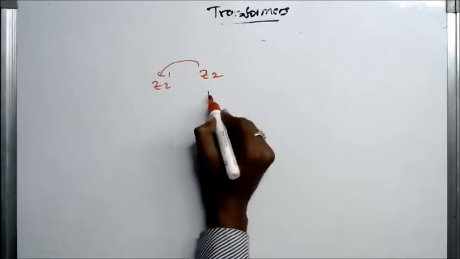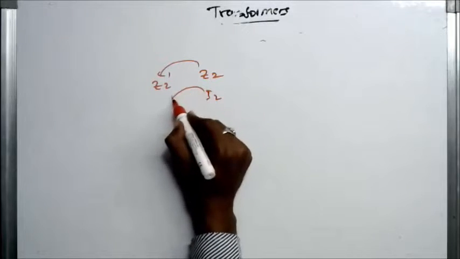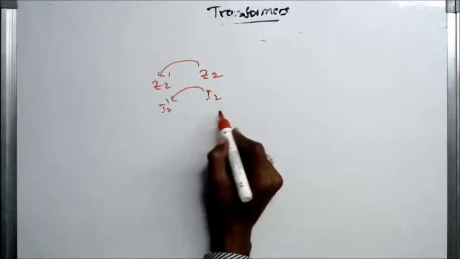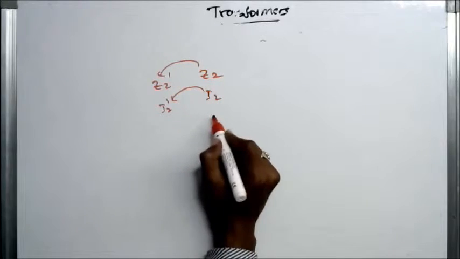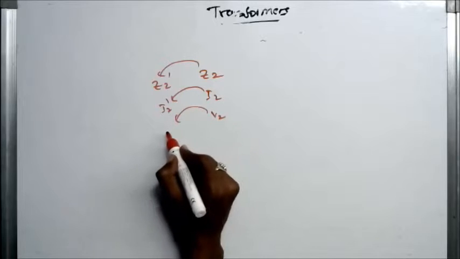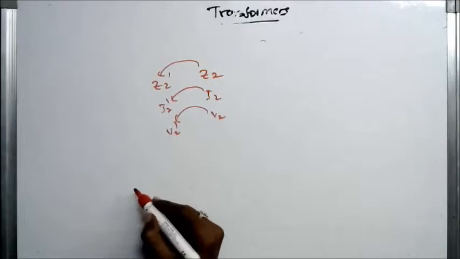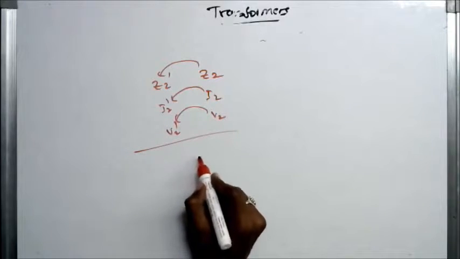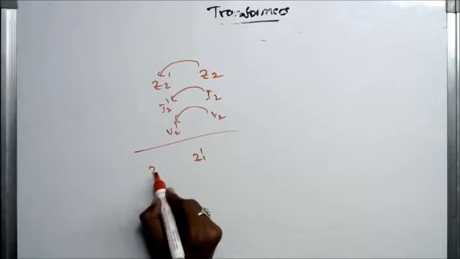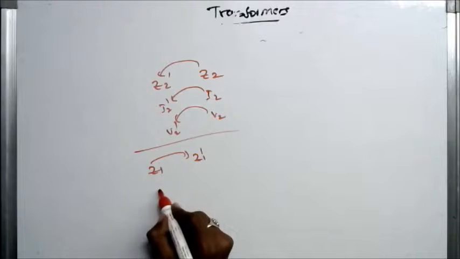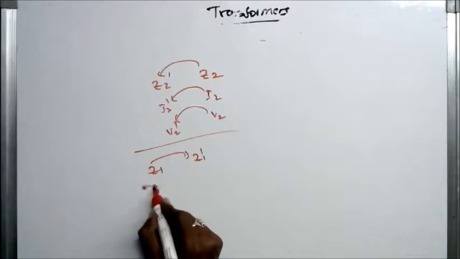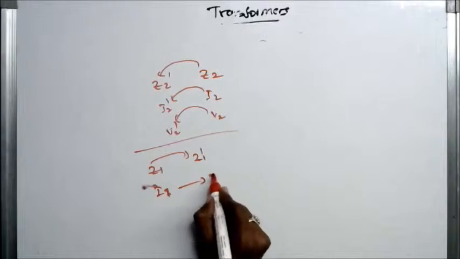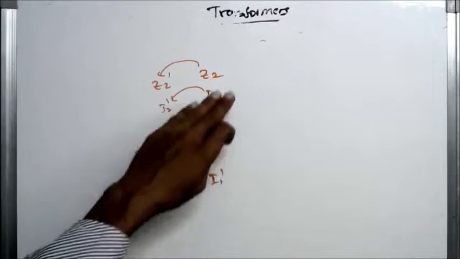If I2 is referred to the primary side, then it is called I2 dash. Similarly, V2 referred to the primary side is V2 dash. If primary values are referred to the secondary side, then they are called Z1 dash, where Z1 is referred to the secondary side. I1 referred to the secondary side is I1 dash. In this way we will go with the notation.